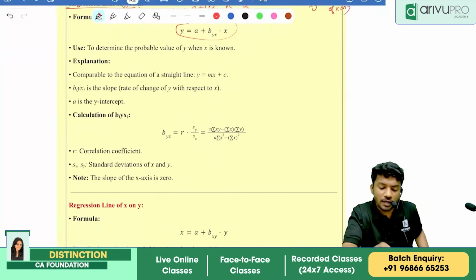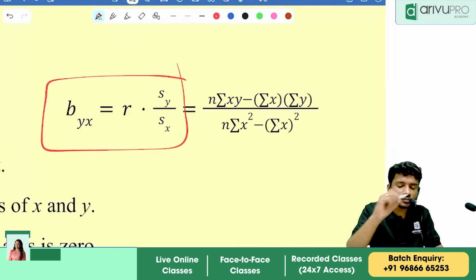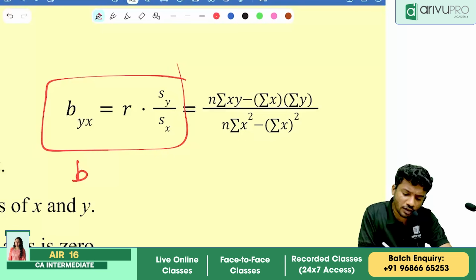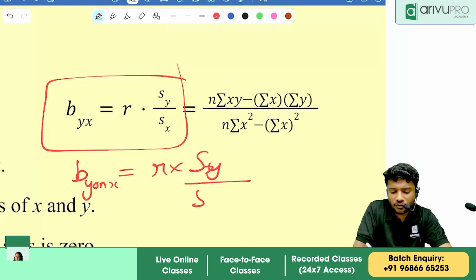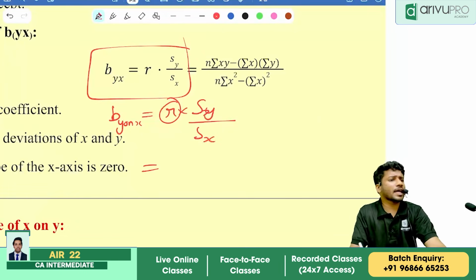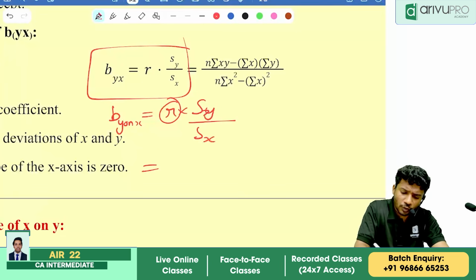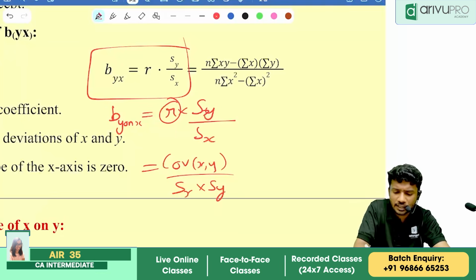Now people, first equation, make a note of it. This one is important. Byx, the regression coefficient of y on x, is equal to r into standard deviation of y divided by standard deviation of x. Now people, do you remember the Karl Pearson formula for r? That is covariance of xy divided by standard deviation of x into standard deviation of y.